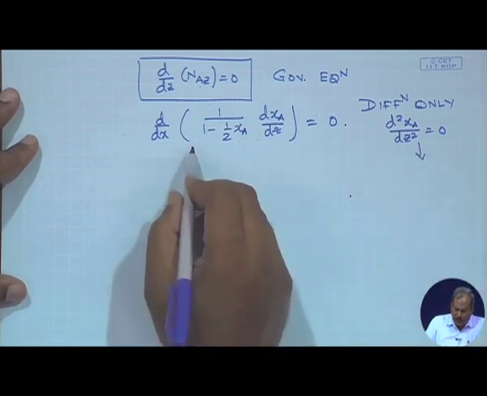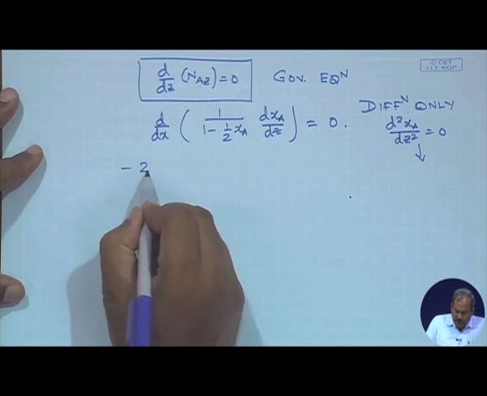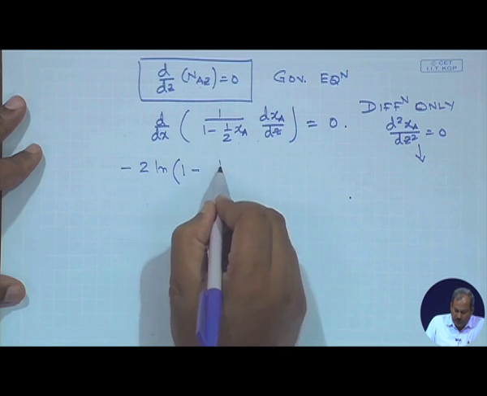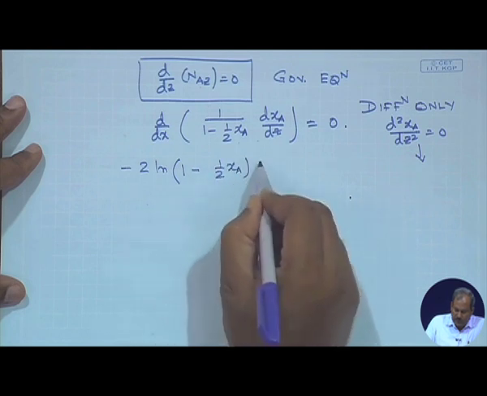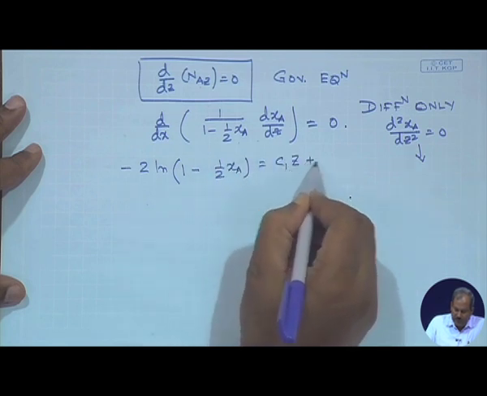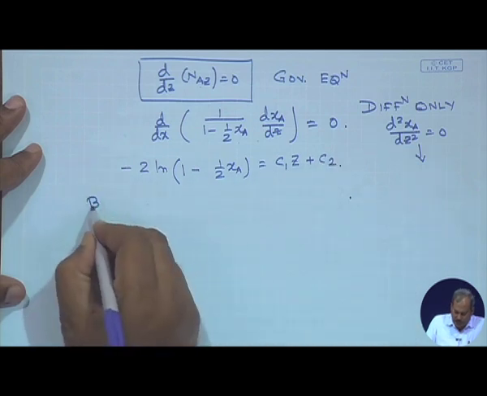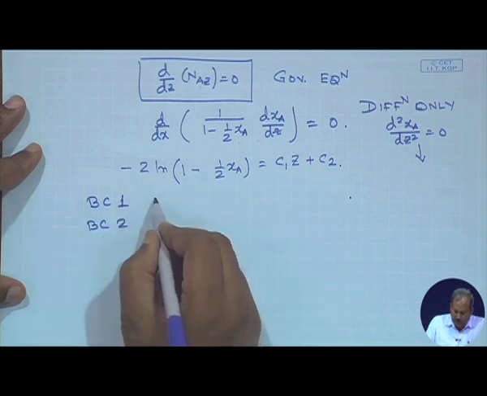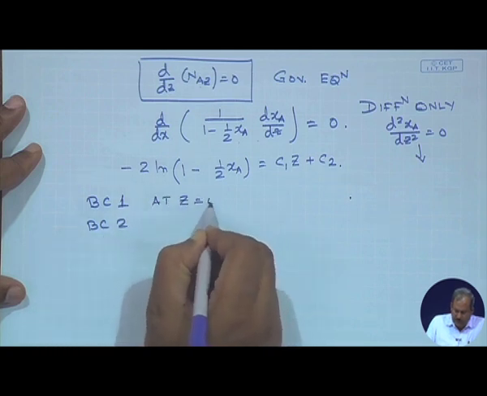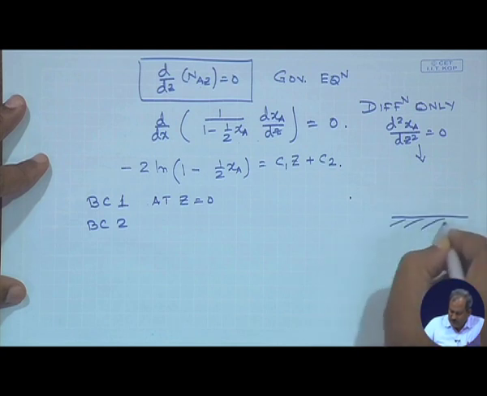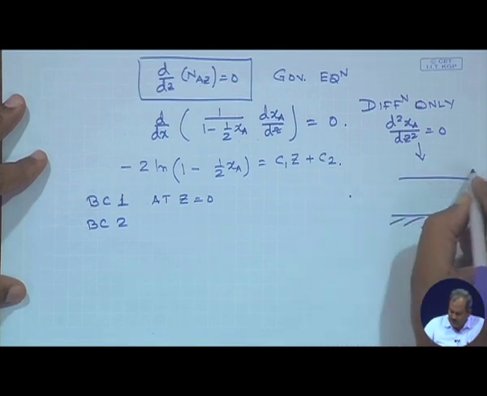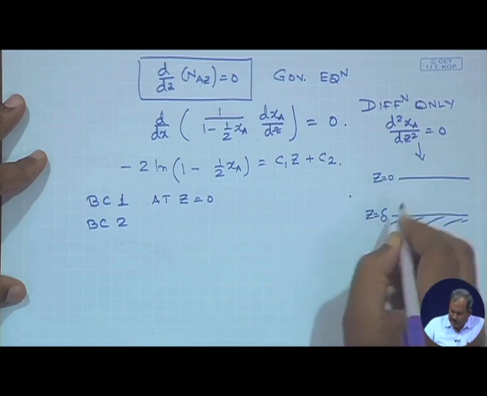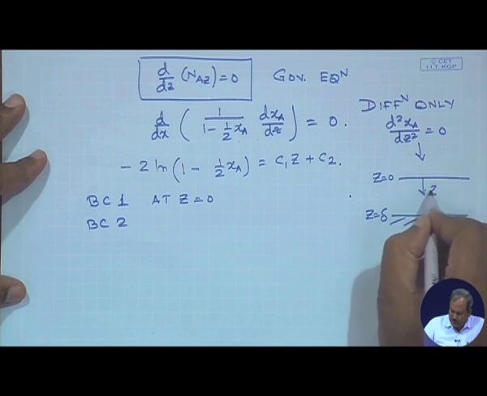So, once you solve this equation, the solution is going to be minus 2 ln(1 minus half of x_A) is equal to C1 z plus C2, and we need boundary conditions 1 and 2. The first is going to be at z equals 0. That means, this is my catalyst surface, this is z equals 0, and this is z equals delta, and in this direction we have z.